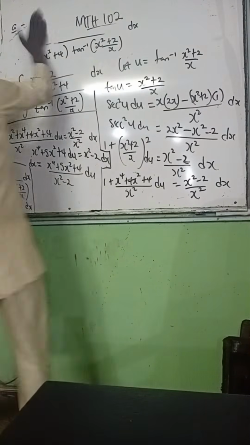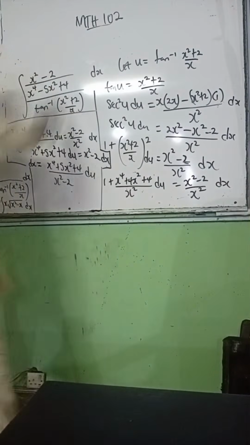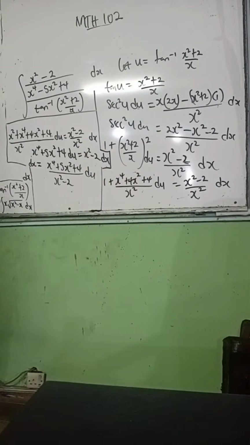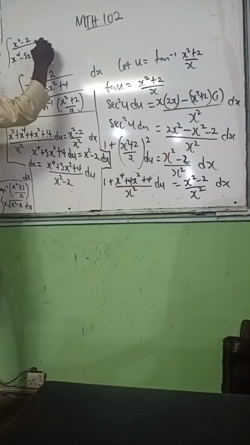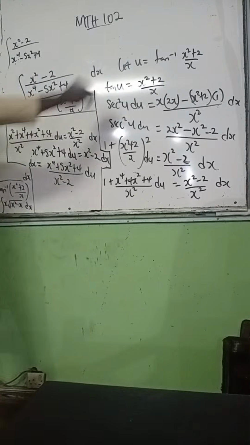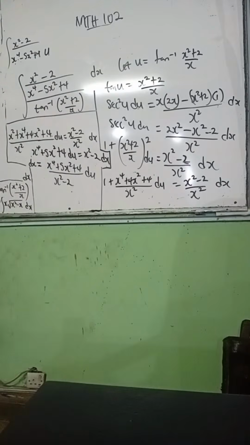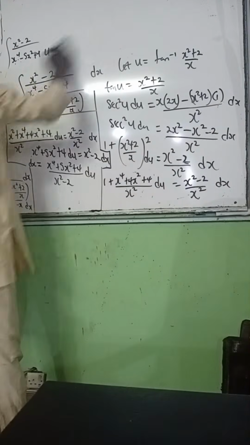I can clean the question. End the question now. So yeah, since dx is this, whether you want to apply the standard, fine. So this becomes the integral of x squared minus 2 divided by x to the fourth minus 5x squared plus 4, where tan inverse of that guy is u, already said it, dx.